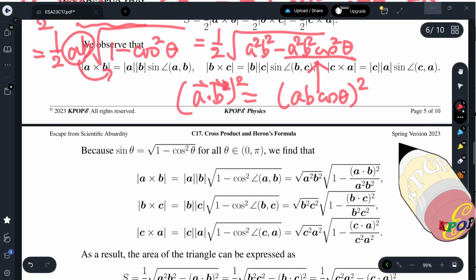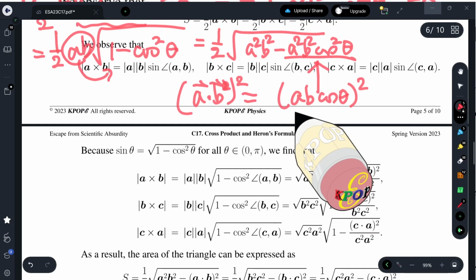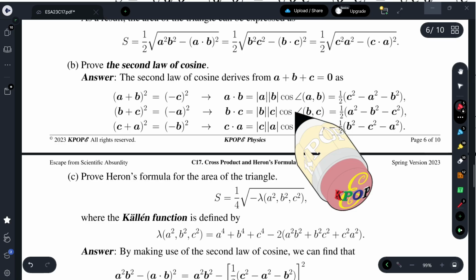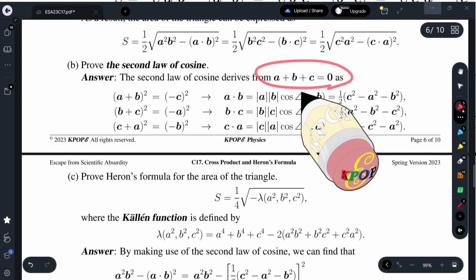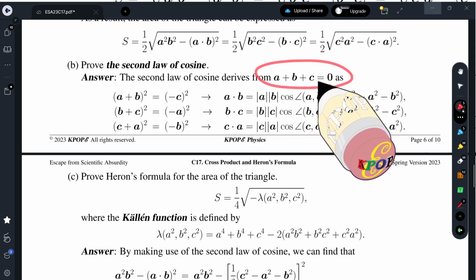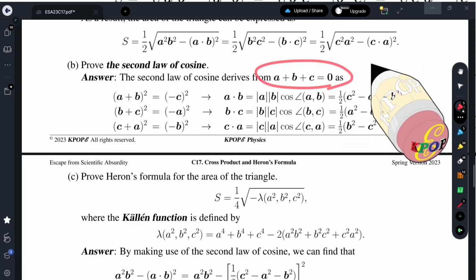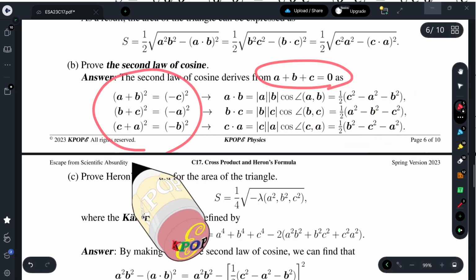This is actually the law of sine. And next we consider the law of cosine. Because we have a very simple identity, I can move A, B, or C to the right hand side and square the equality. Then we have these three relations.